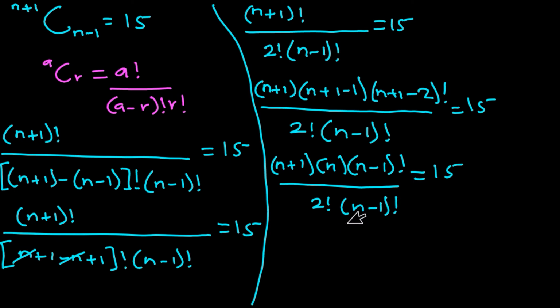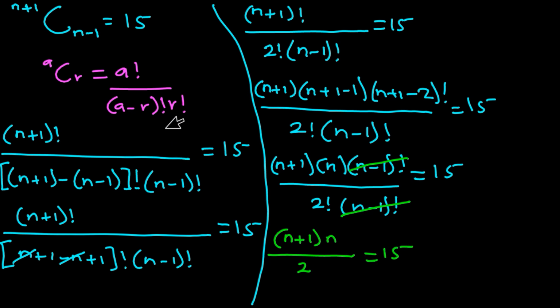So you can see that we have (n minus 1) factorial here, and then (n minus 1) factorial here as well. So this one will cancel this. Then we have (n plus 1) times n divided by 2 factorial, which is the same as 2 times 1, which is 2, and this is equal to 15.